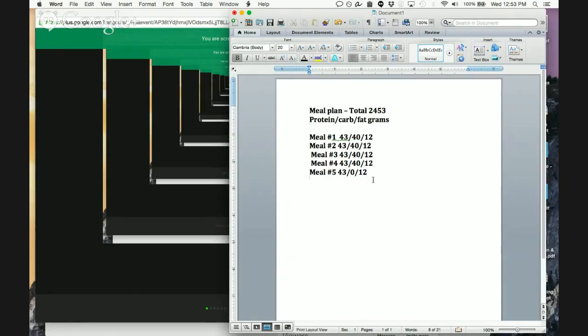Now, we just had Easter a couple weeks ago, and let's say you have a big event, like Memorial Weekend is coming up, and you know that you're going to mess up a little bit. So you want to take this into consideration. You can make minor adjustments.